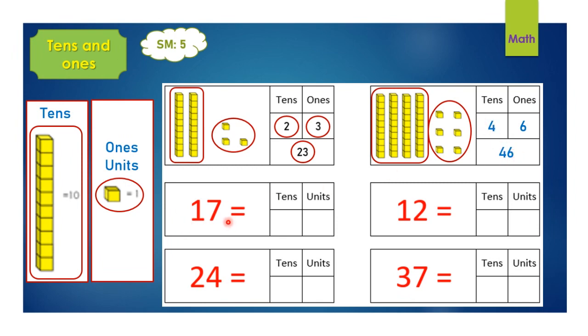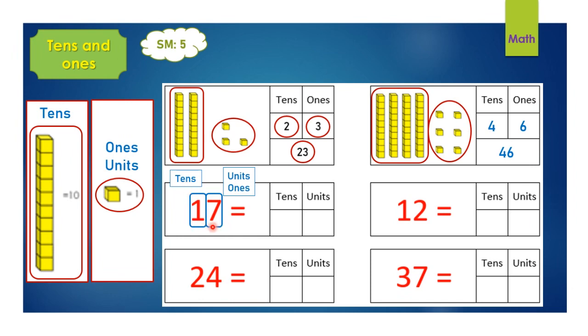So here it's the same. The right number we call units or ones, but the left number we call tens. So we have 2 places. A place for the units and a place for the tens.